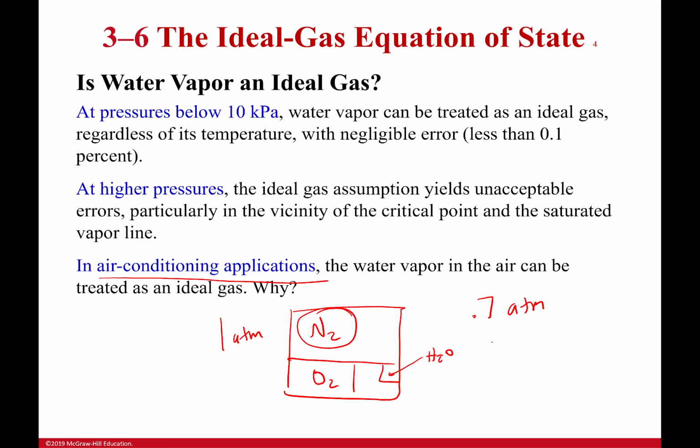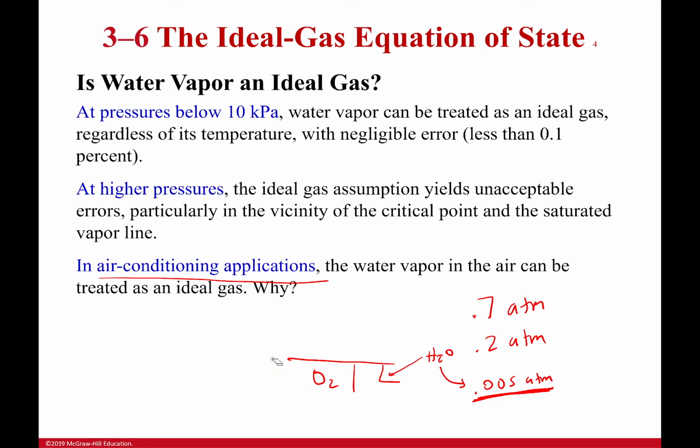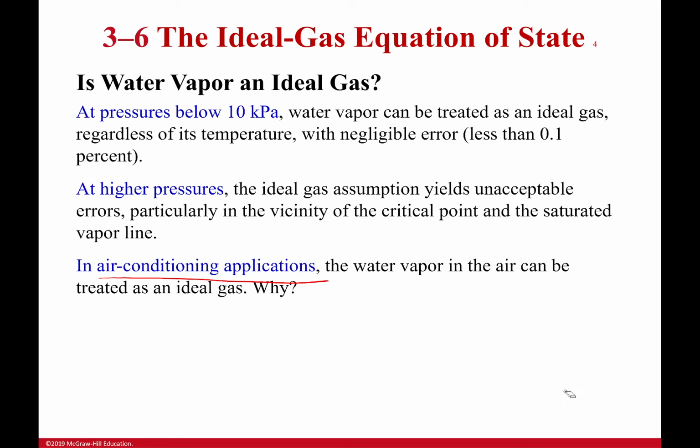If oxygen is 20%, then its partial pressure is 0.2 atmospheres. And then water's partial pressure is like 0.005 atmospheres. I'm making it really small, but either way, it has a very small partial pressure. When it comes to the ideal gas equation, that's what we care about for this. So it works out just fine. Okay, get that out of the way. Just so you know, it's not really super important what we're doing right now, but you'll see it later on.